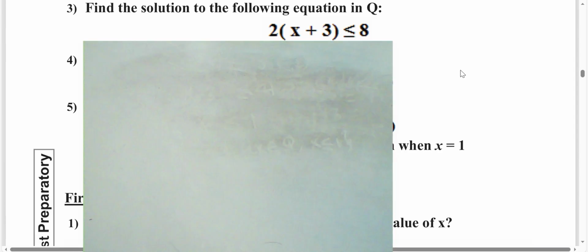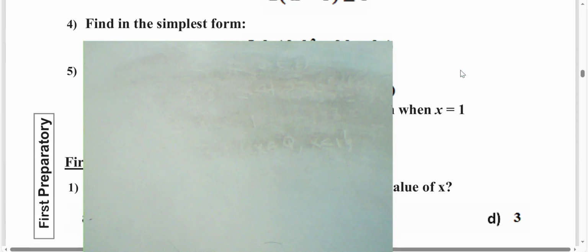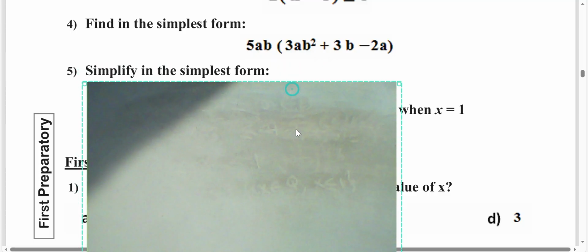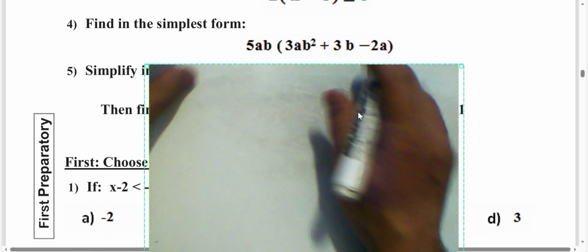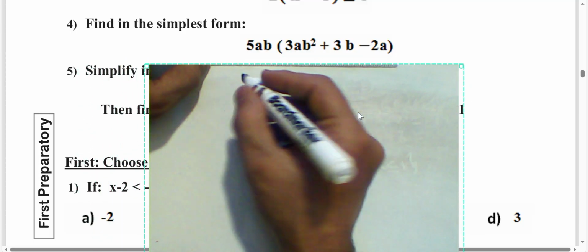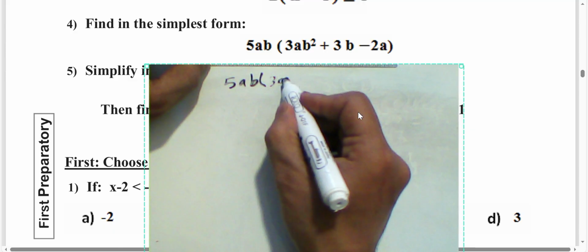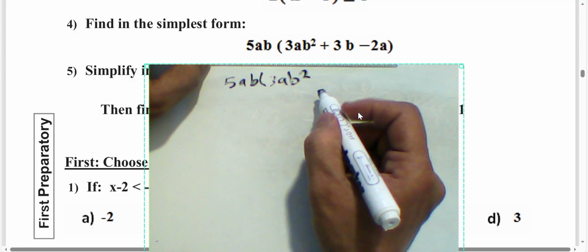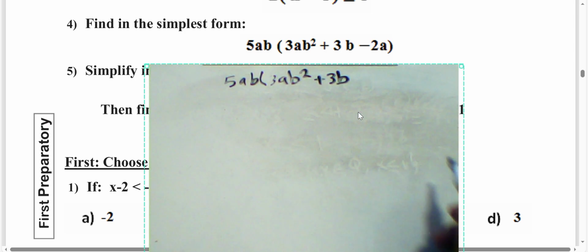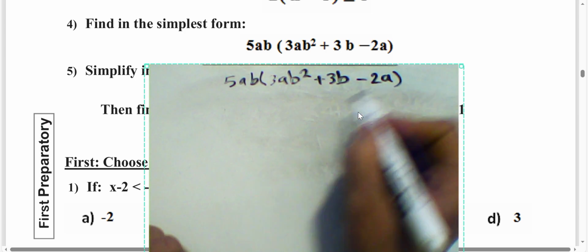Next example. Find the simplest form of this expression. 5ab product by 3ab power 2 plus 3b subtract by 2a.